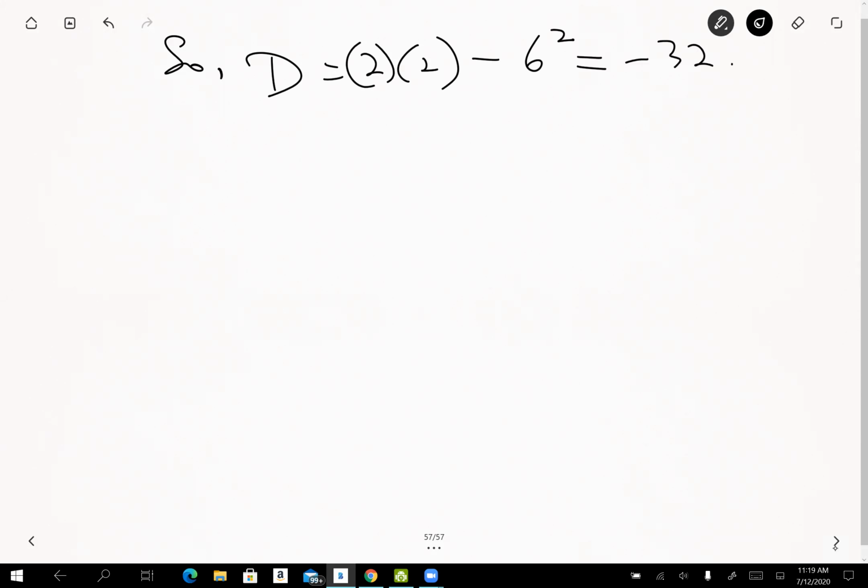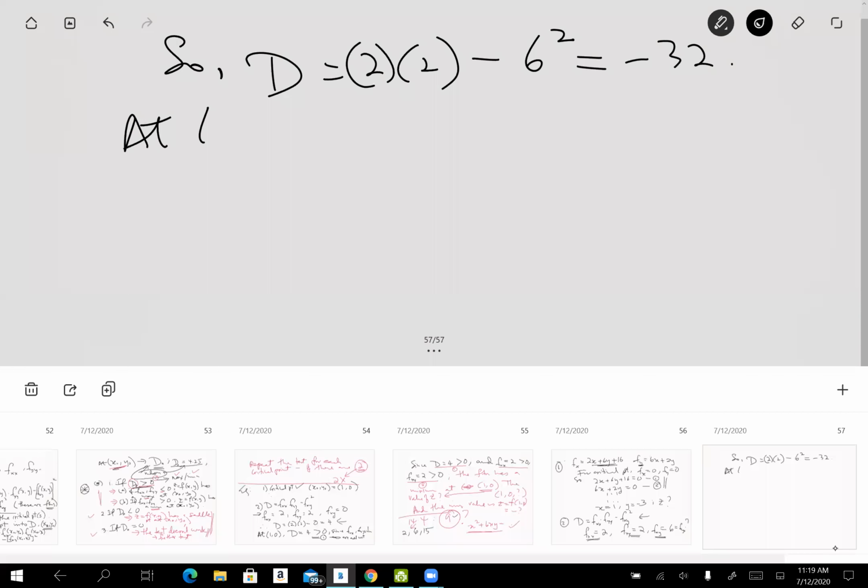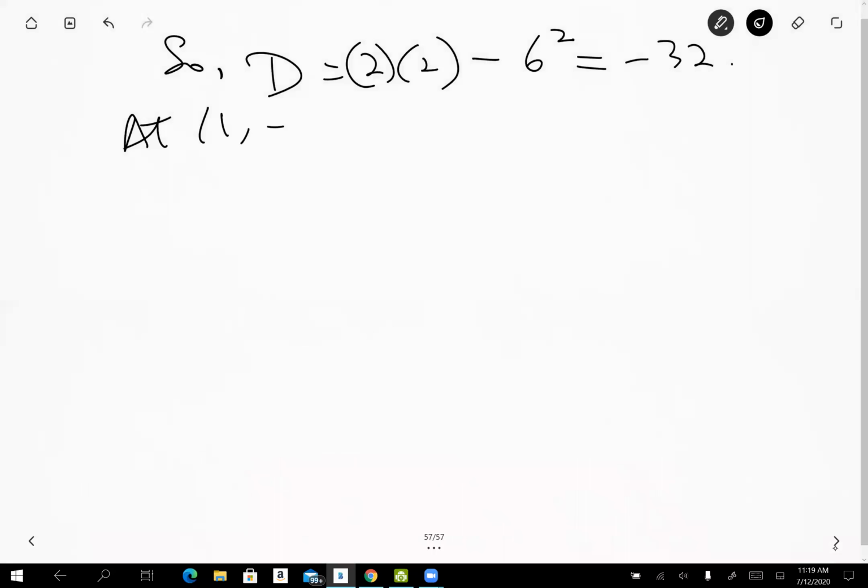Now you know it's already negative. Just do the test. So at x equal to 1, y equal to negative 3, D, since it's constant, is equal to negative 32, less than 0.